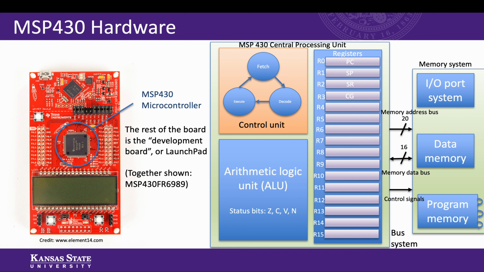The one shown in the figure is the 6989. Data sheets retrieved online from Texas Instruments may be for the MSP430 and contain general information that applies to all of these devices in the family, or they may be for the 6989 specifically, which will of course have more details for that specific device.